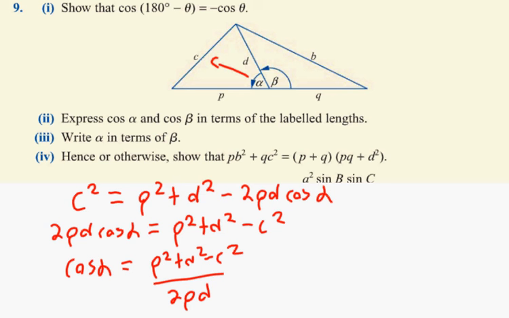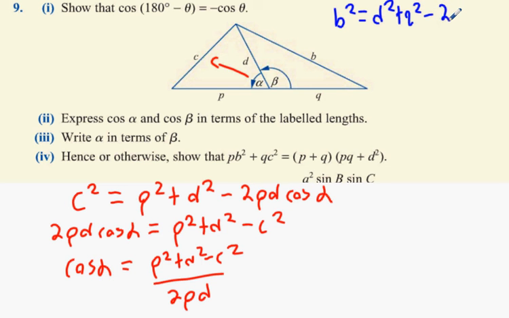Okay. Do the same thing for cos beta, yeah? So what's it going to be? B squared equals, minus, which one?